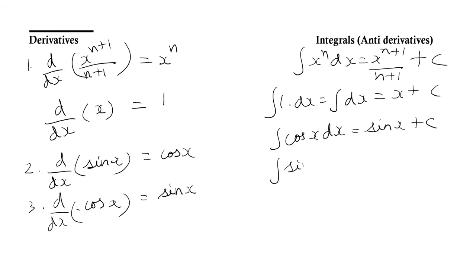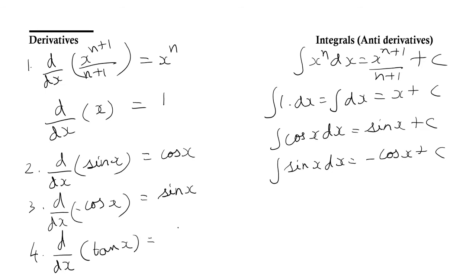So integral sin x dx is minus cos x plus c. The next one is d by dx of tan x, which is equal to secant square x. So integral secant square x dx is equal to tan x plus c.